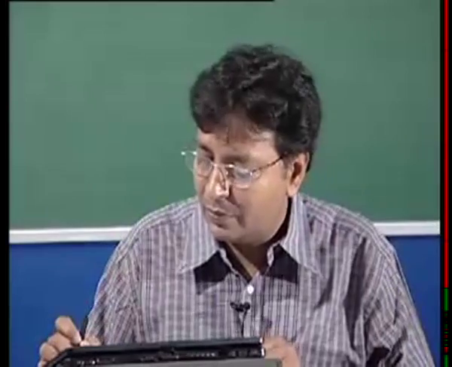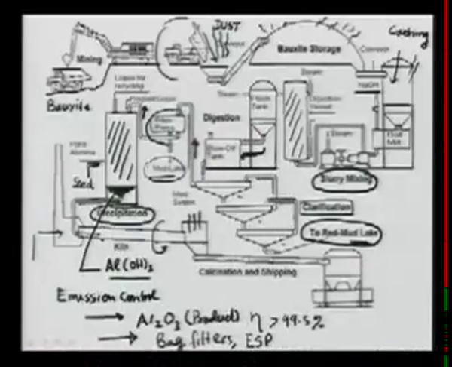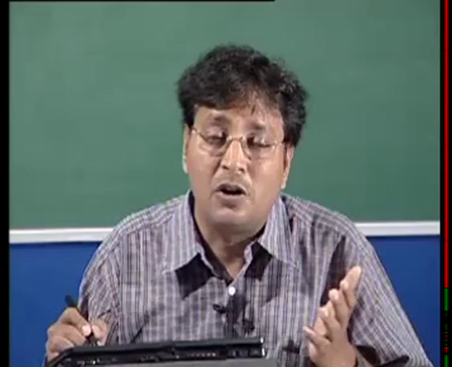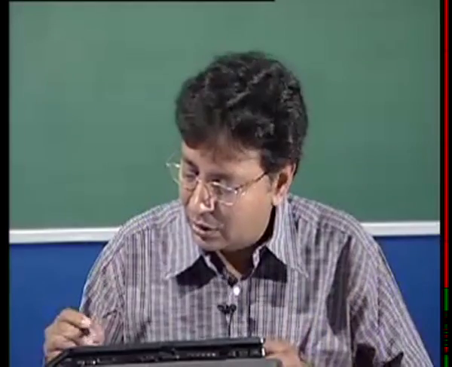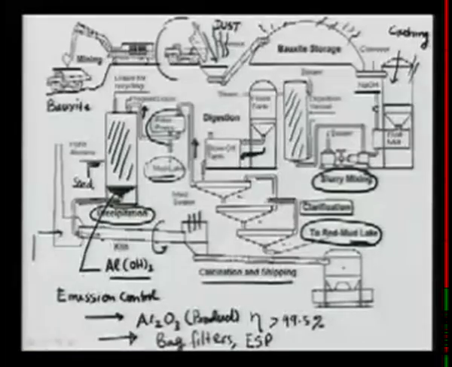So this is the final thing. And then once you are getting the calcined alumina, you can either ship it or transfer it to the area where you have the aluminium plant, because the process we discussed was the alumina plant. So finally it is shipped to the aluminium plant. So this is how it is.